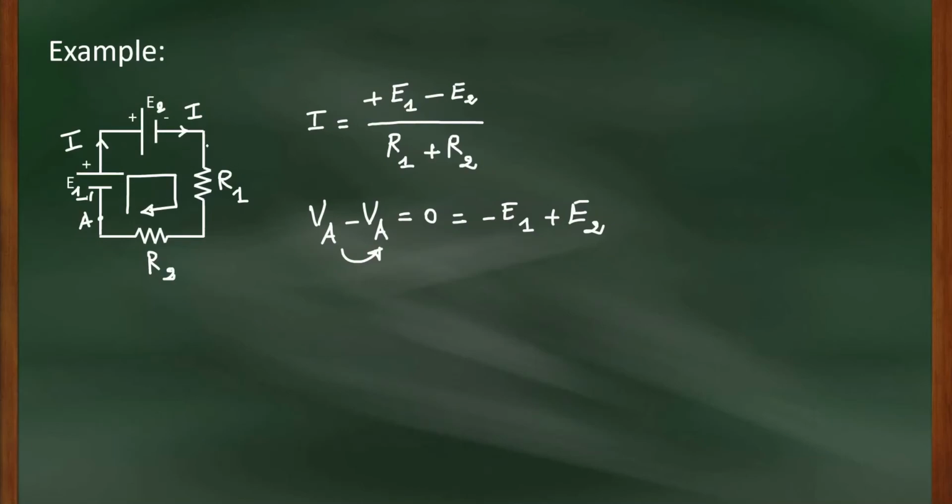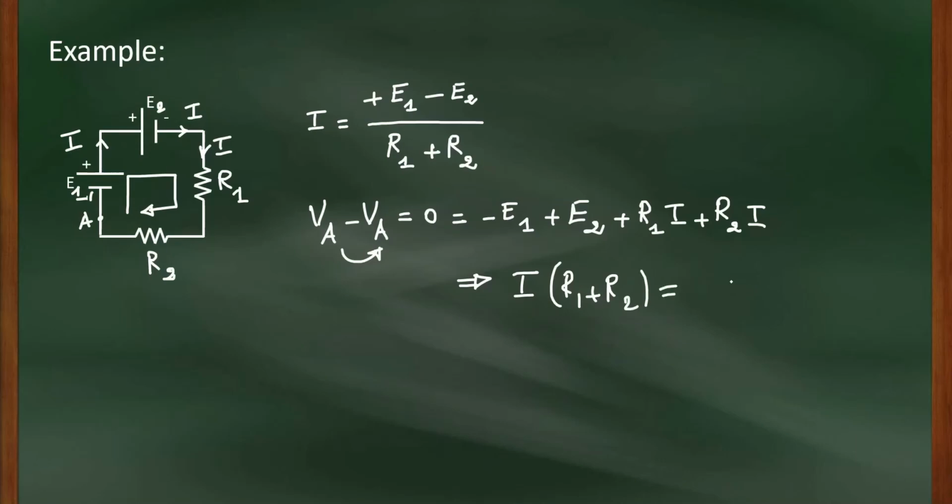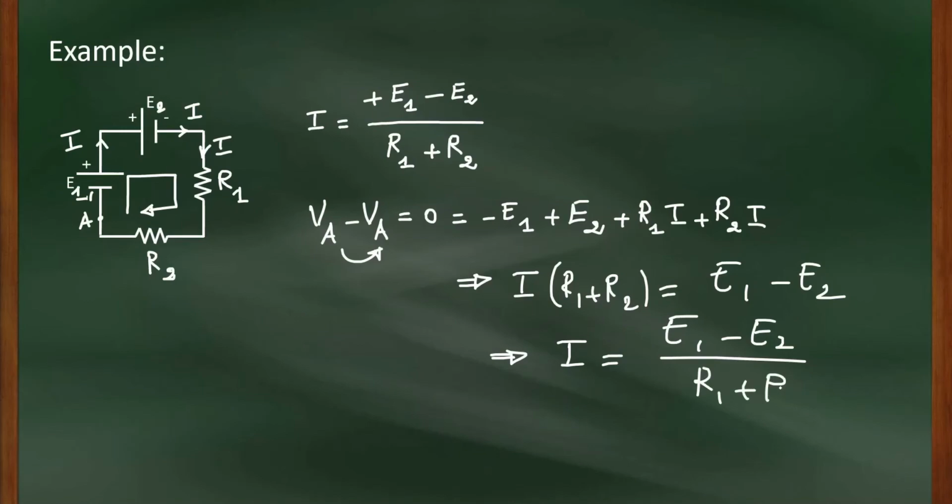Here the current is like that, so I have plus R1I plus R2I. That implies I times (R1 plus R2) equals E1 minus E2. Therefore, I equals E1 minus E2 over R1 plus R2.